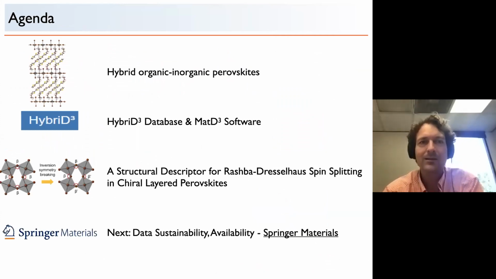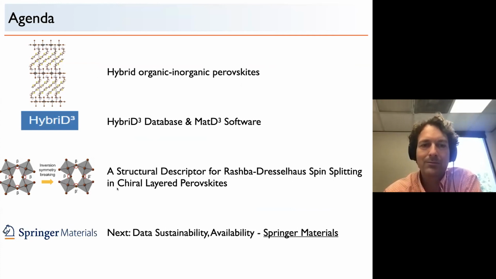So let me get to the agenda. What I'll try to speak about in the next 40 minutes or so is, well, hybrid organic, inorganic perovskites, which I'm sure many in the audience are familiar with. I'll say a few things anyway. And then the hybrid cubed database, and also the MatD3 software that we've been working on to enable the database and perhaps more databases that can be built on this in the future.